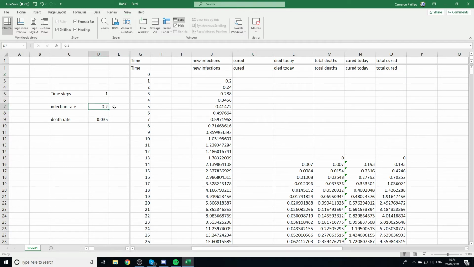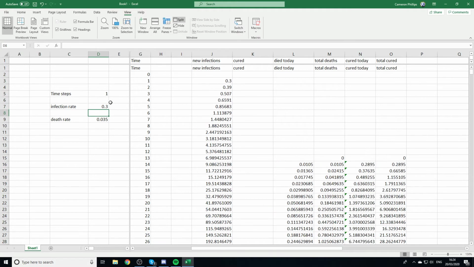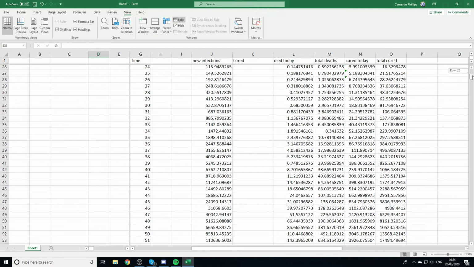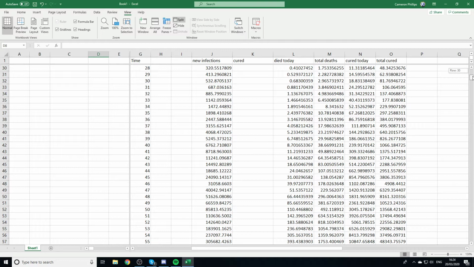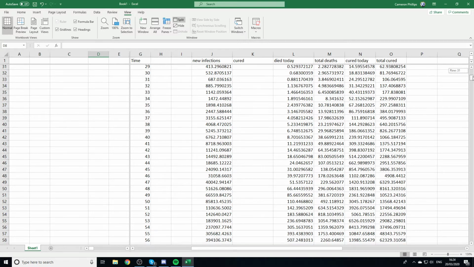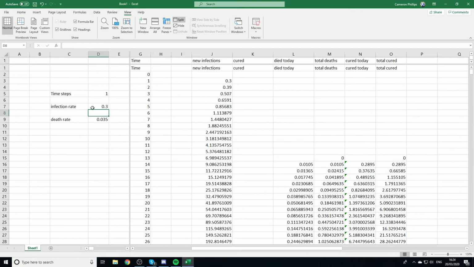That's an infection rate of 0.3. If we put it to 0.2... well, day 50, 634 people dead. Cases 110,000 by day 50. So you can see the effect that the infection rate has.